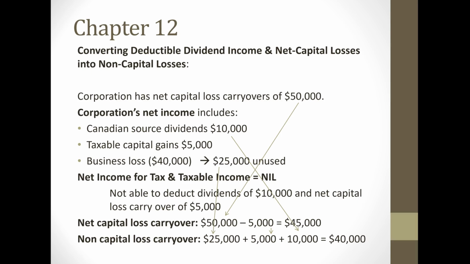So their non-capital loss carryover balance includes the 25,000 of the business loss that they couldn't use up this year, the conversion of the 5,000 net capital loss to a non-capital loss, and the 10,000 of the Canadian source dividends that they could not deduct this year. So their non-capital loss balance is now $40,000. So that's an example of how a corporation could convert the dividend amounts and the net capital losses that they weren't able to deduct this year into non-capital losses.